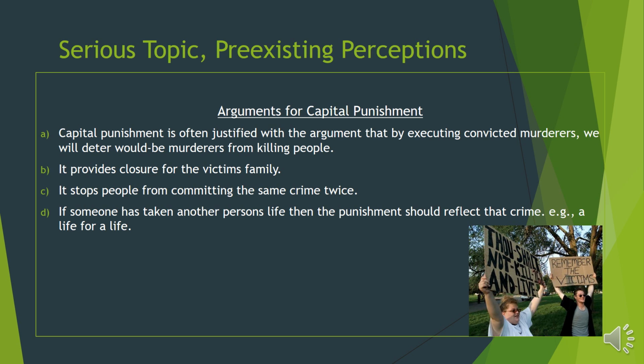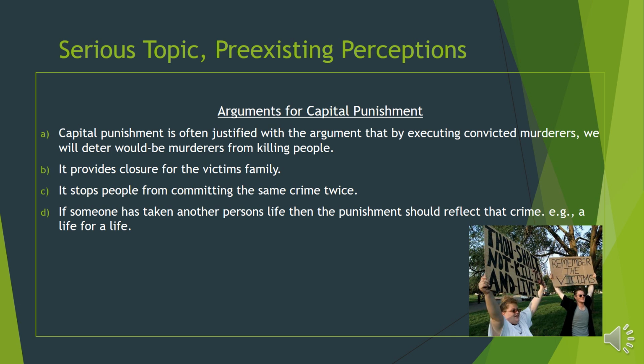Now, some of these arguments have been certainly dismissed through empirical evidence, such as closure for the victim's family. In some cases, that's correct. Research suggests that the victim's family often have very different reactions, and some victims' families actually support not executing the offender.